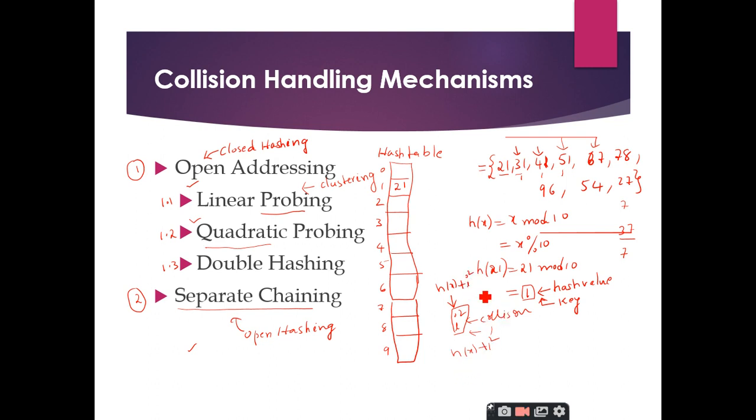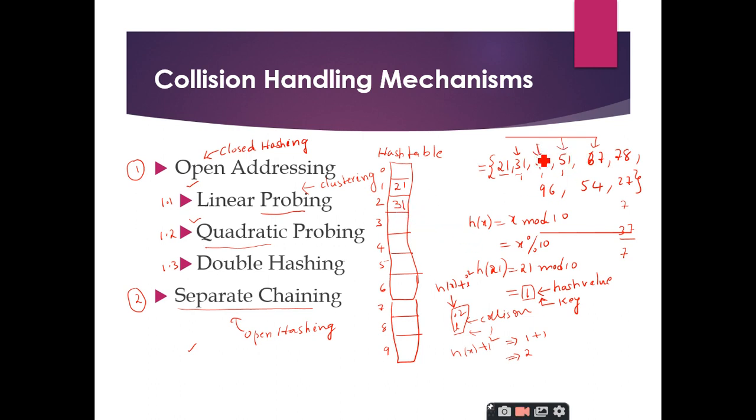For the first collision, i becomes 1, so h of x plus 1 square, that is 1 plus 1, which is 2. So I probe the second location, and I found it is vacant, therefore I am inserting this one.